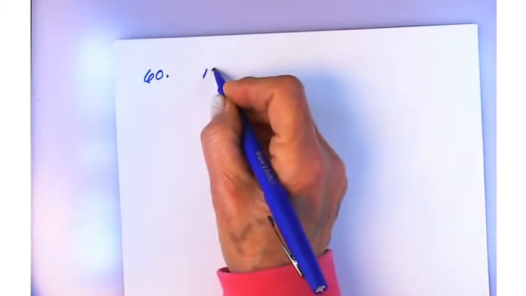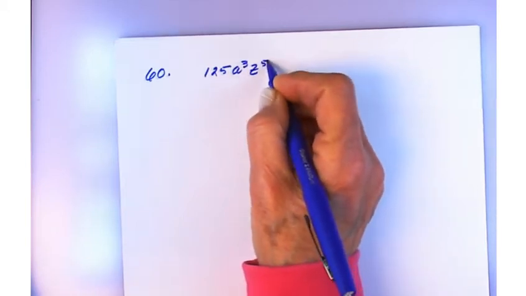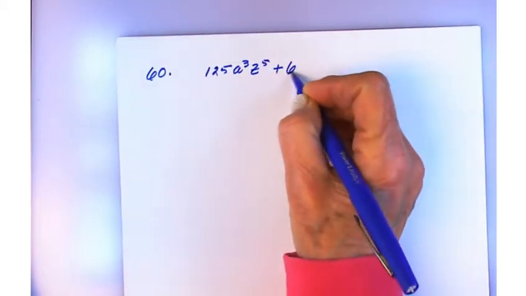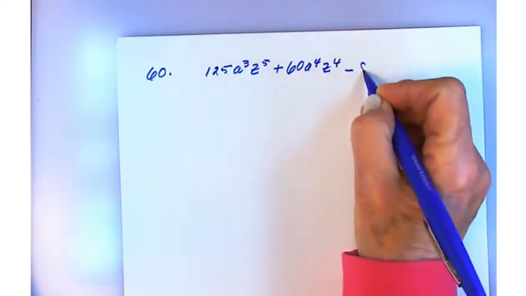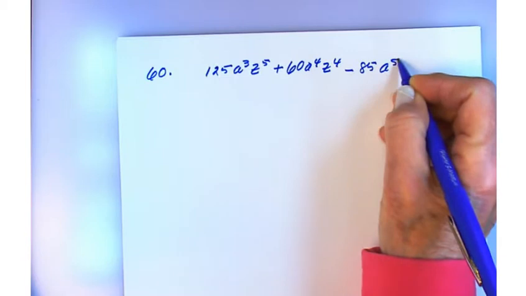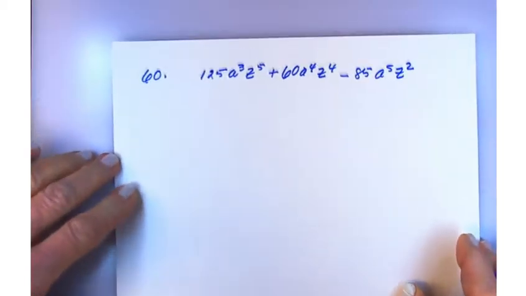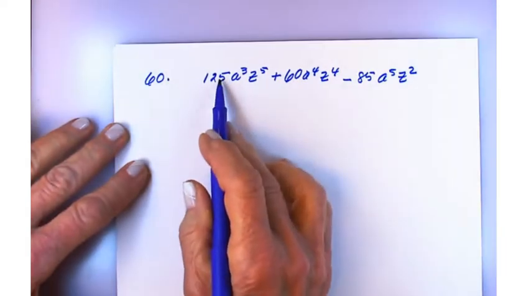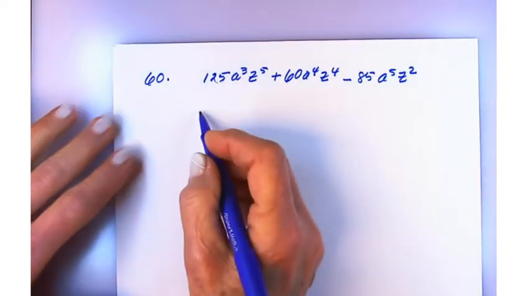We have 125a cubed z to the 5 plus 60a to the 4 z to the 4 minus 85a to the 5 z squared. Okay? And we're looking for a GCF. Well, we see that 5 divides 125, and 5 divides all of these as well.